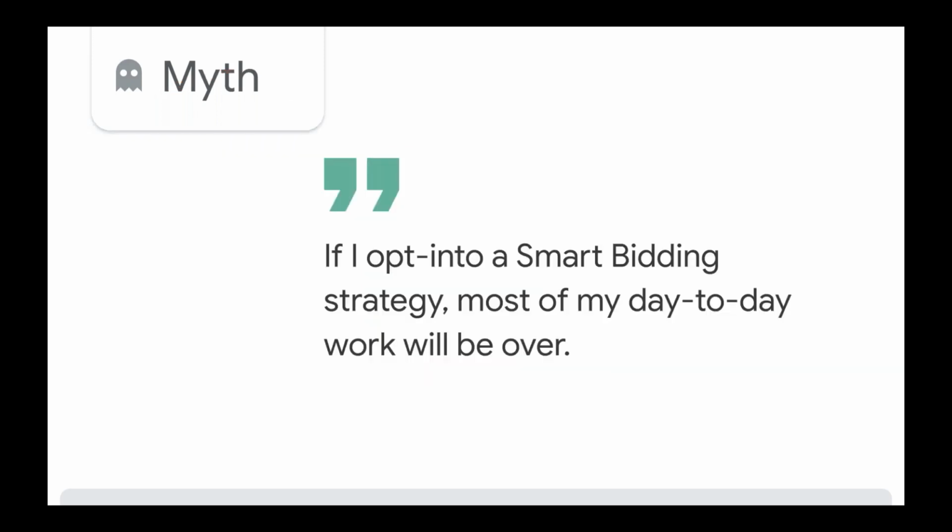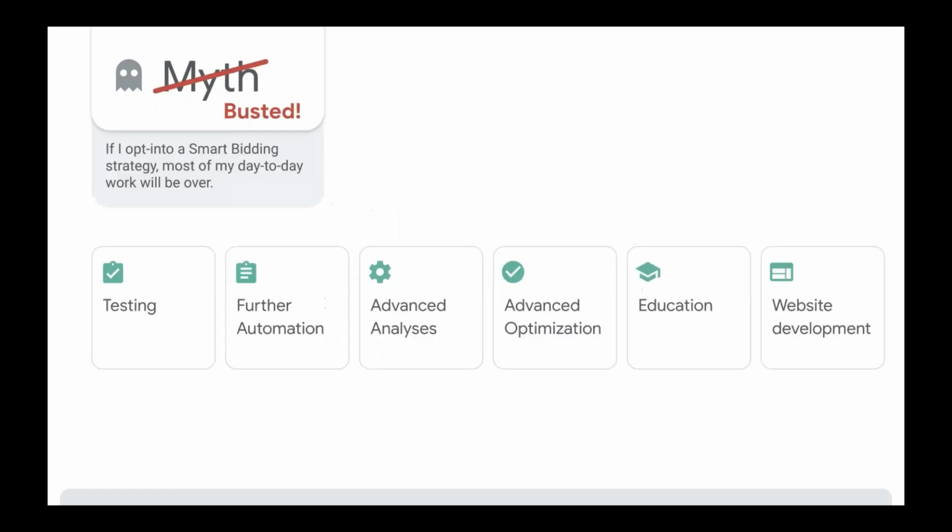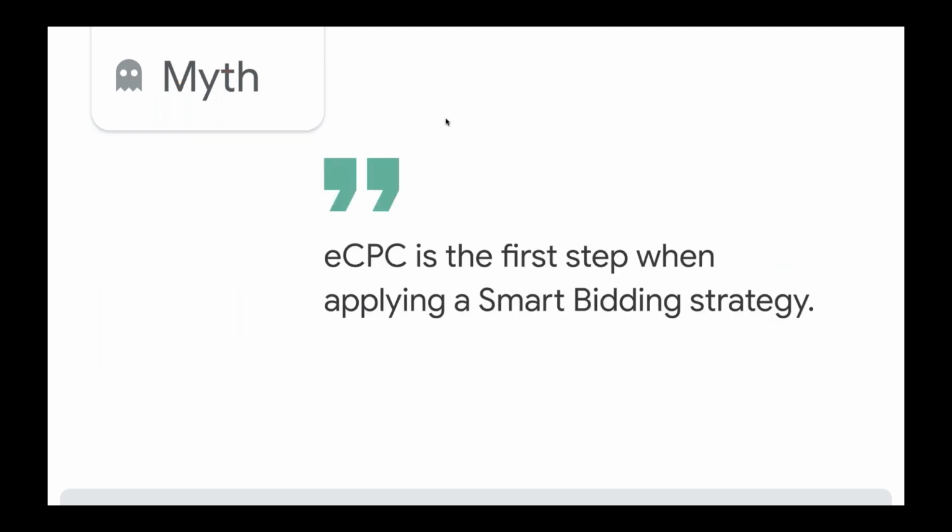Now, if you do opt into smart bidding, it's not that your job is over. No, absolutely not. There's so many things you can do to help us: making sure your web page is optimized, making sure your user experience is good, and focusing on testing your ad creative and so on. Again, CPC is technically considered manual bidding.